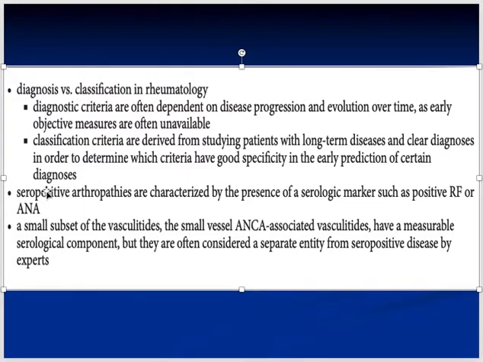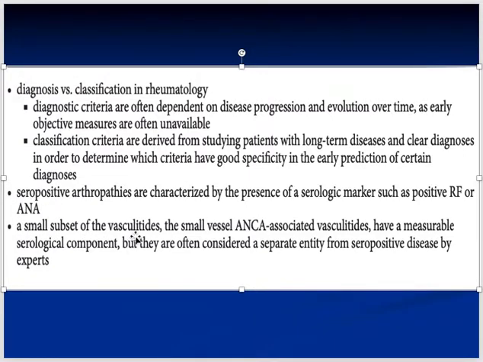Now I told you this one is the first seropositive arthropathy. So what are seropositive arthropathies? It's simply those in which we find some serological markers in their blood, like rheumatoid factor or ANA.